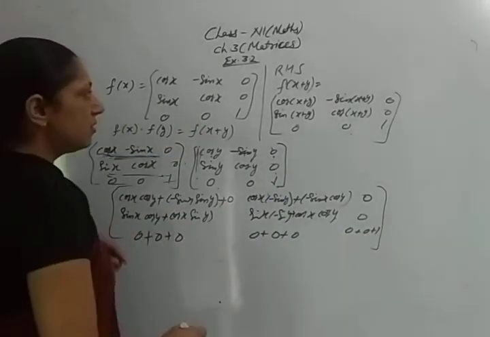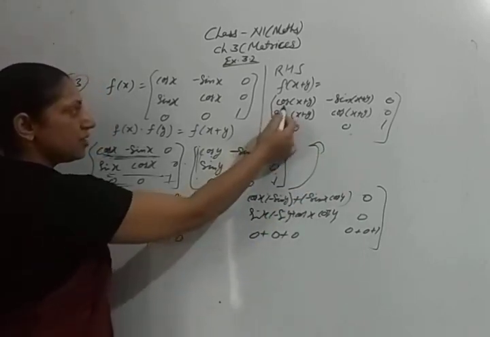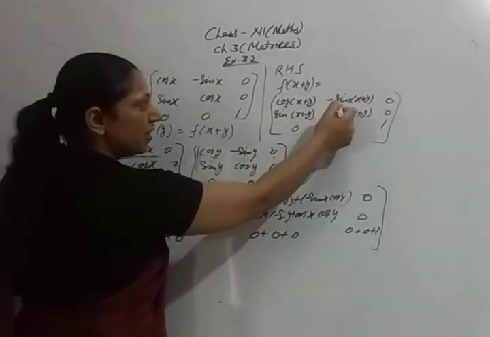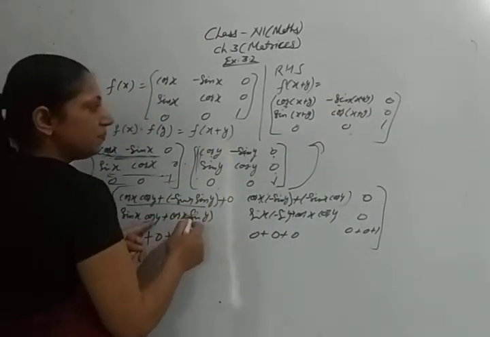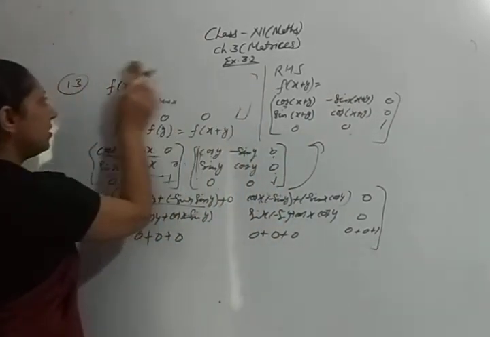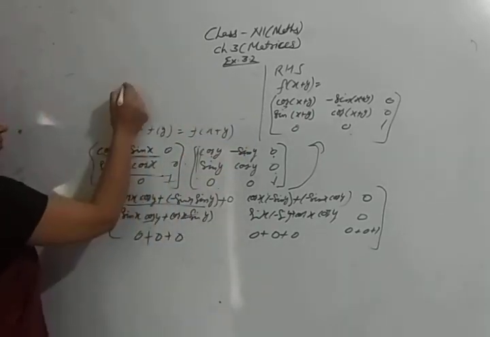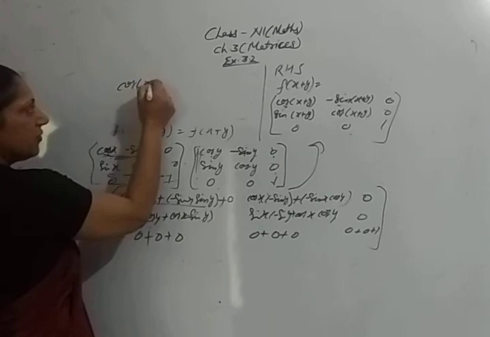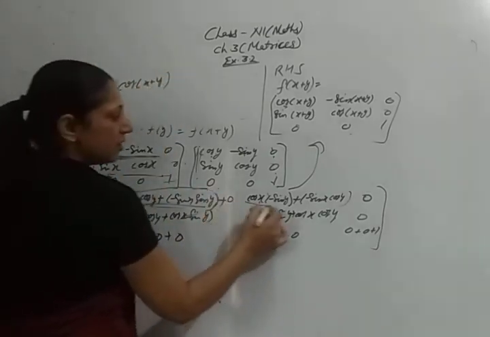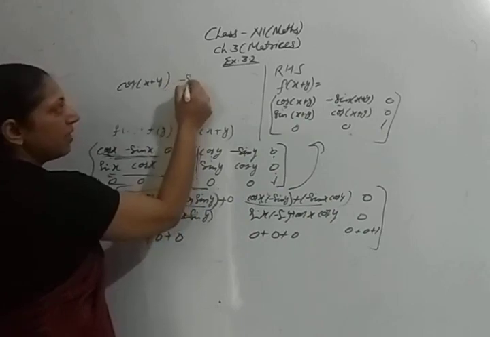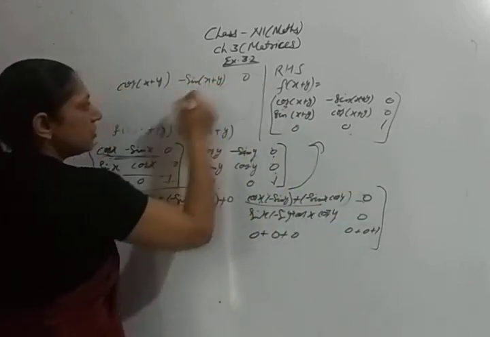After solving this, we can get our right hand side, because this is the formula of cos(x plus y), this is the formula of minus sin(x plus y), then this is sin(x plus y). So I am going to write it here. It's cos(x plus y), minus sin(x plus y), and this one is 0.